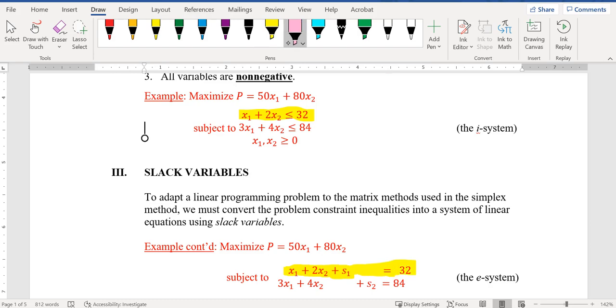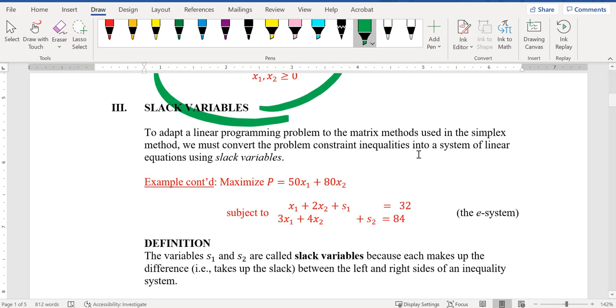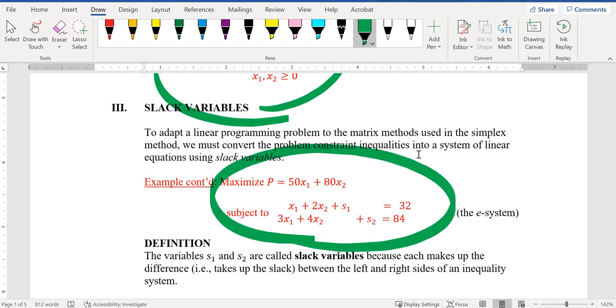Similarly, for the second inequality, I introduce another slack variable, s2, and turn that inequality into an equal sign. This was my I system for inequalities. This is going to be my new E system for equations.